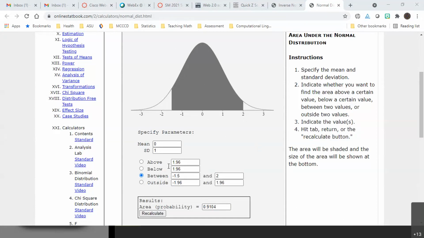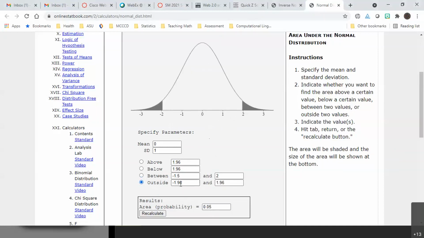Okay, this one's really intuitive. You just have to pick the right button, depending on whether you want above that z-score, below the z-score, between, or outside. Here's an interesting kind of riff on it. Here's the probability between, it's about 91%. If I click outside, I'd expect the other 9% in the distribution to be out there.